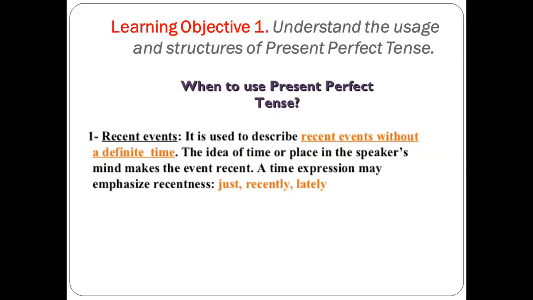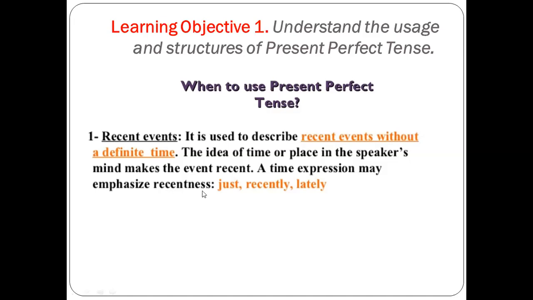Now, the idea of time or place in the speaker's mind makes the event recent. Instead of mentioning the exact time, a time expression may emphasize recentness. So we have what we call time expressions also, but these do not say exactly when the action happened.